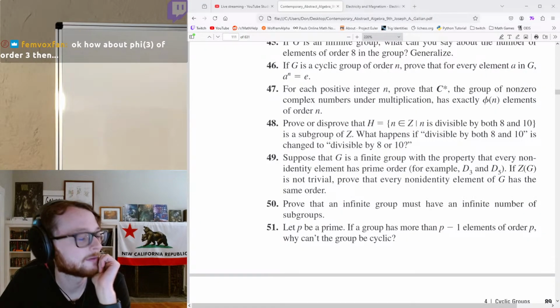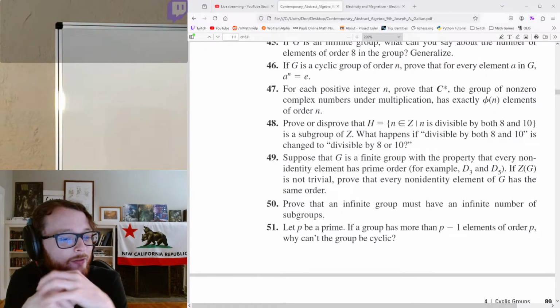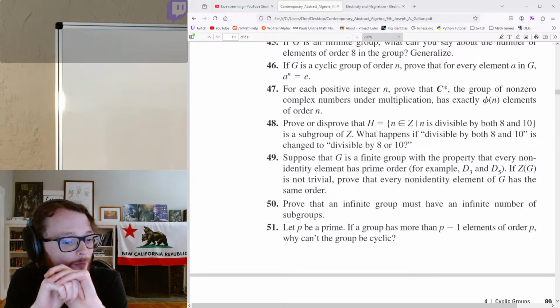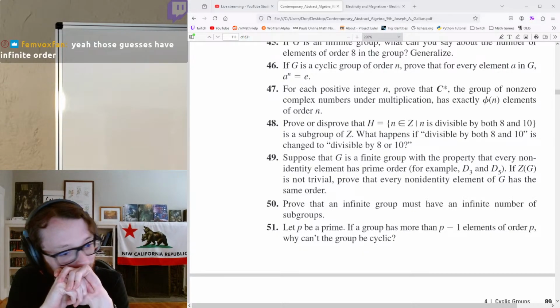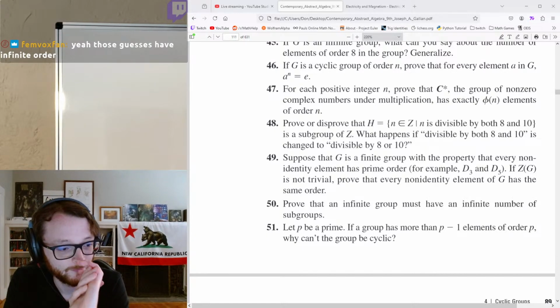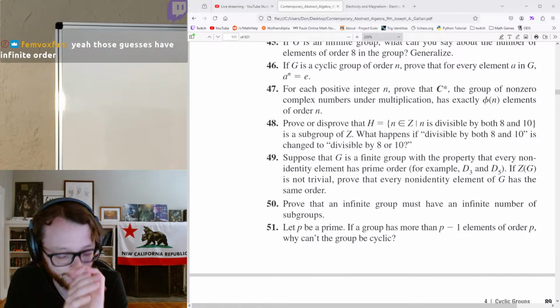But it's not like 1, negative 1, i or minus i, so I assume it's some combination of real and imaginary number that I can't quite figure out. They are infinite order, okay. But there should be one element of order 3. No, sorry, 2, because 1 and 2 are relatively prime to 3.